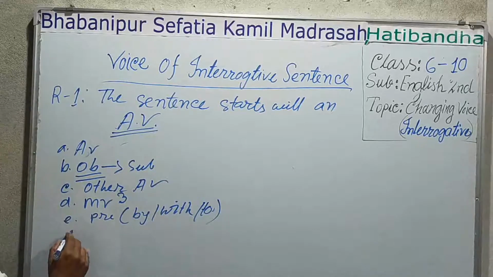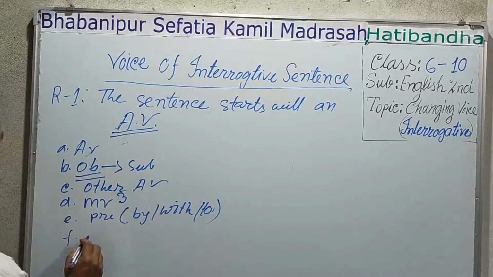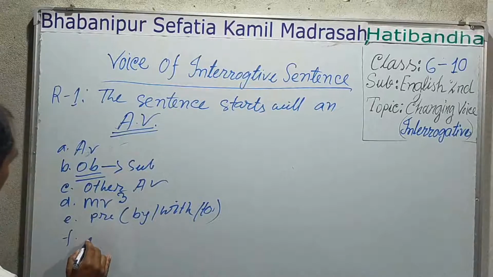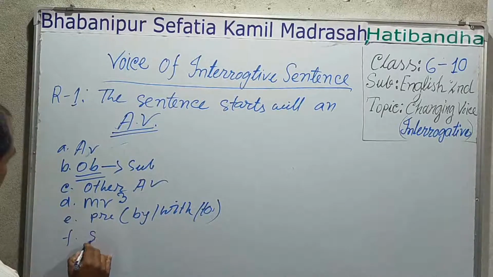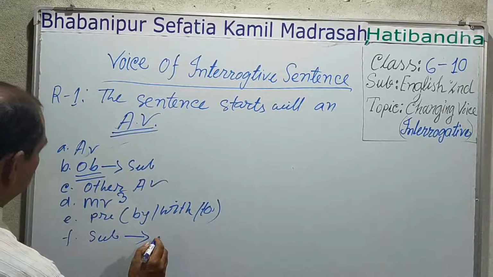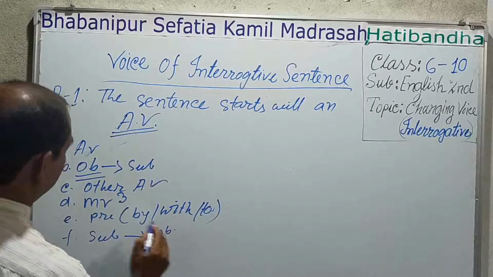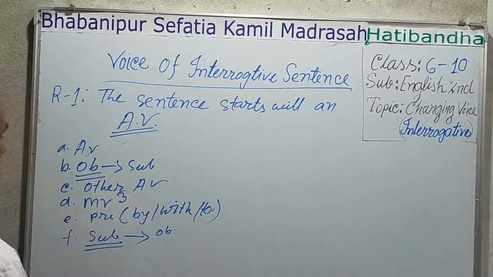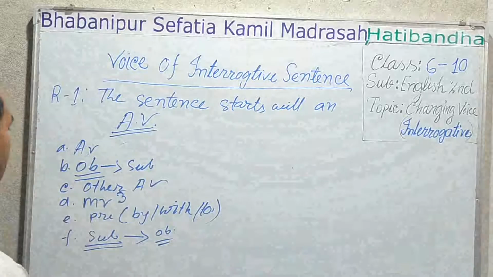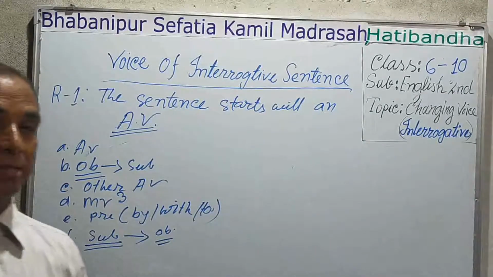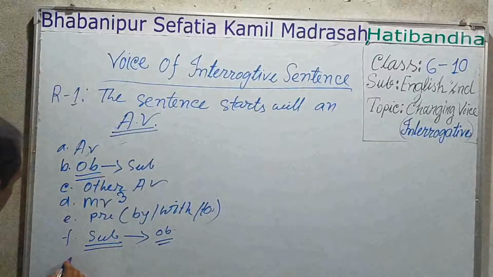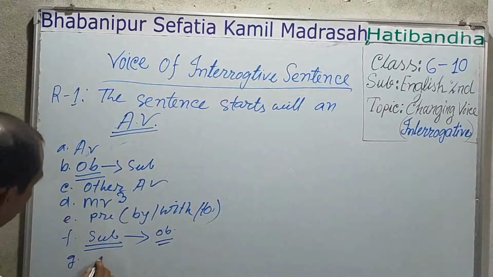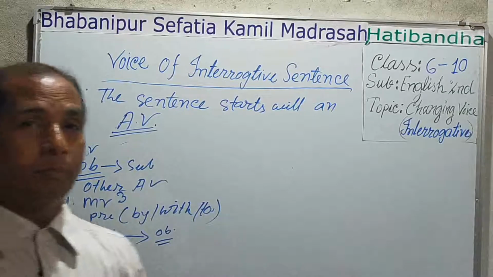And at last, the objective form of subject. So we need the subjective form of the object. It is very important, and in the lecture of assertive sentence I told you. At last, the interrogative sign.